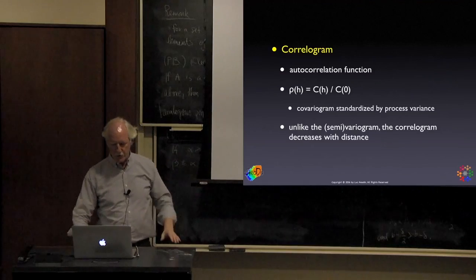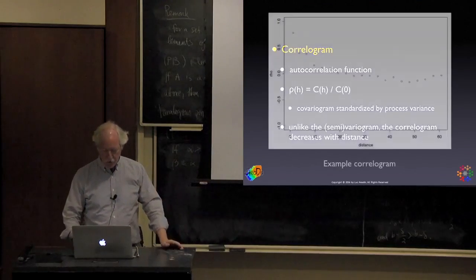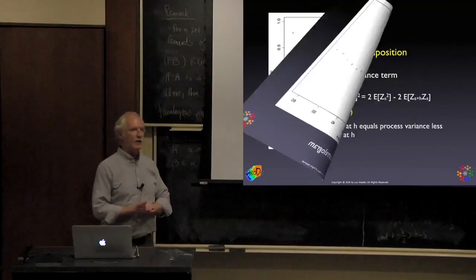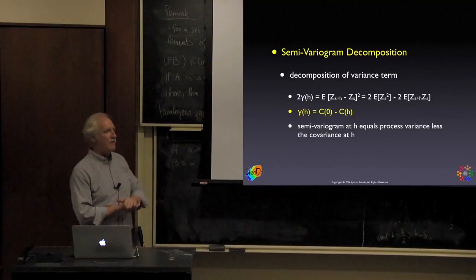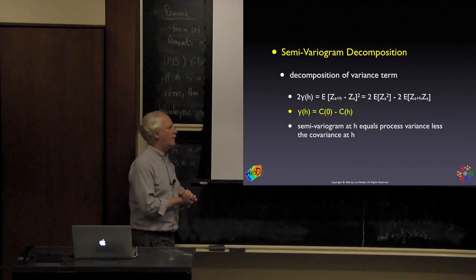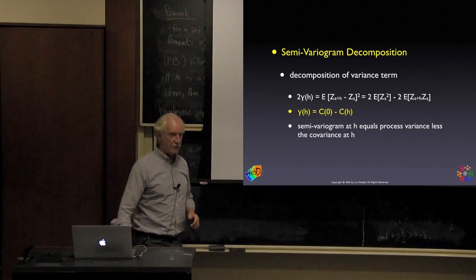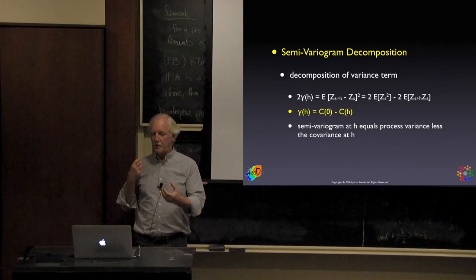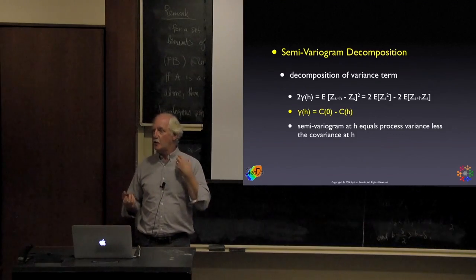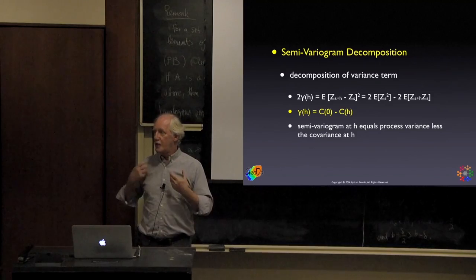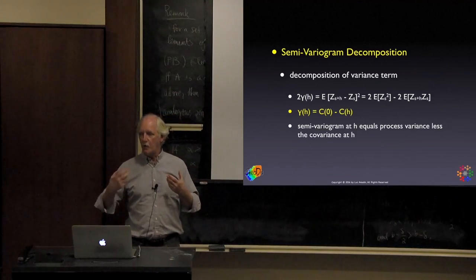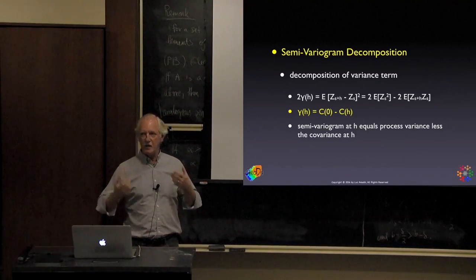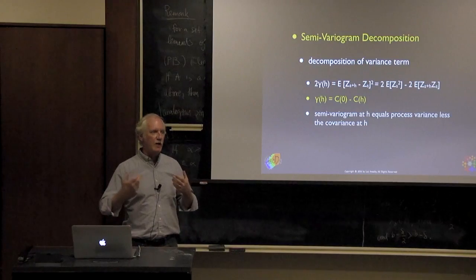We've already done this. I'll skip this, and you know what it looks like, but this is the key thing. It is just very simple algebra, but the result is very nice, because it gives a connection between the semi-variogram and the covariogram. We tend to be very uncomfortable with semi-variograms because it's kind of a weird thing, these squares.